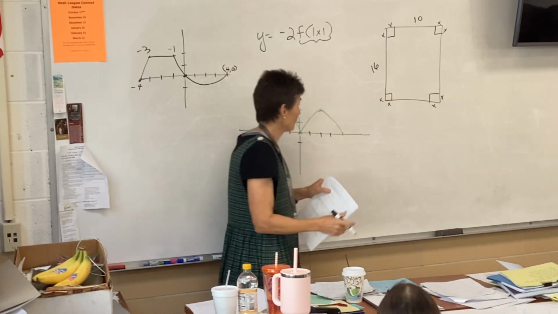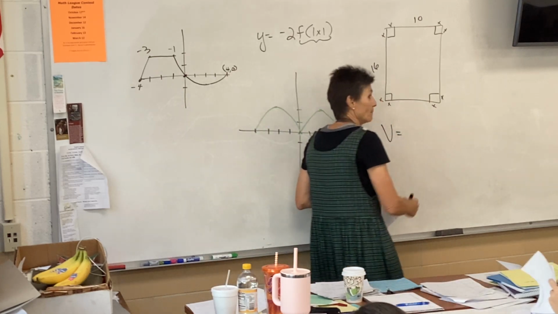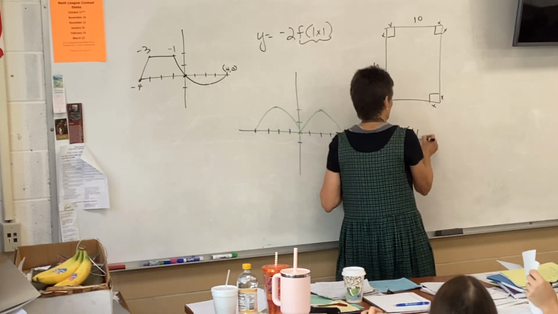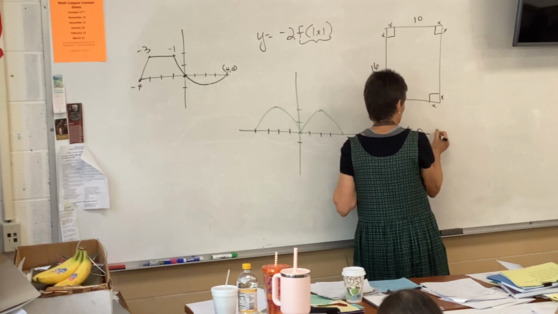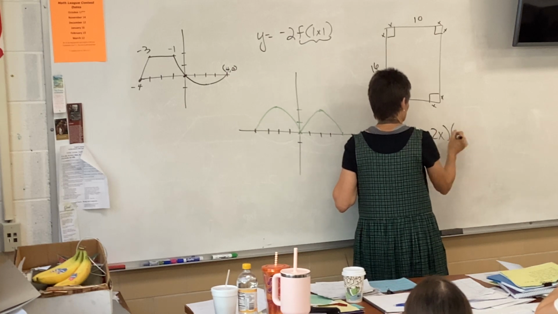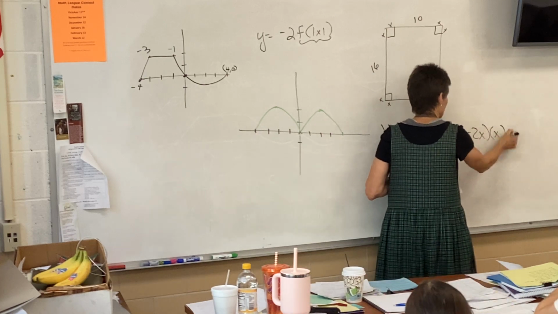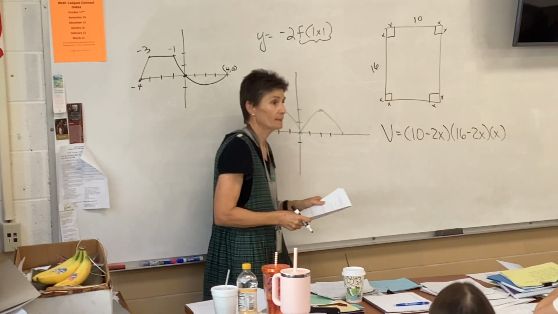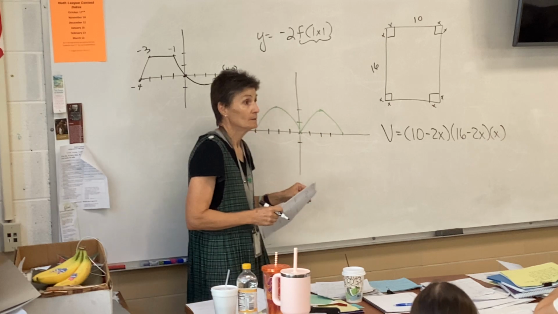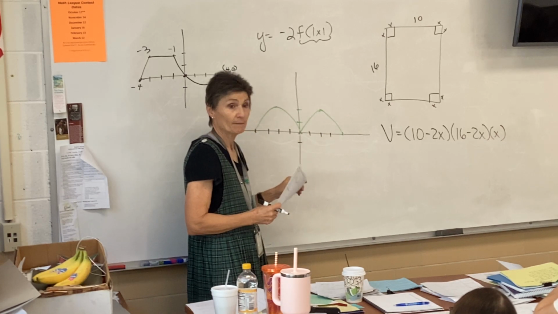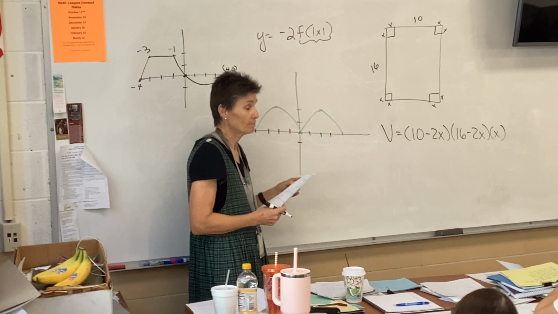So, step 1, write an equation for the volume of the box. Yeah, 10 minus 2x, and then 16 minus 2x, and then x. Perfect. Jack knows what he's doing, at least that far. That's your equation. It's that easy.